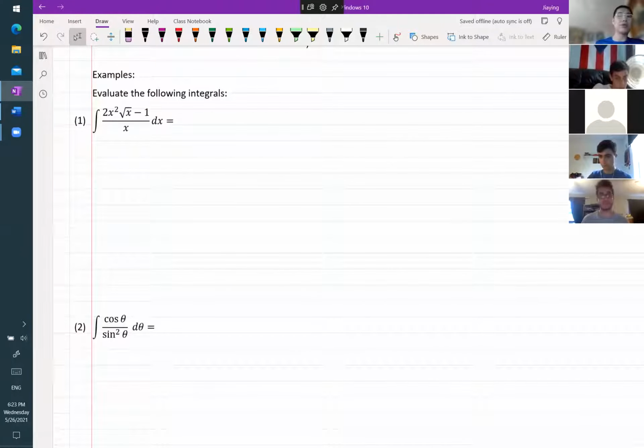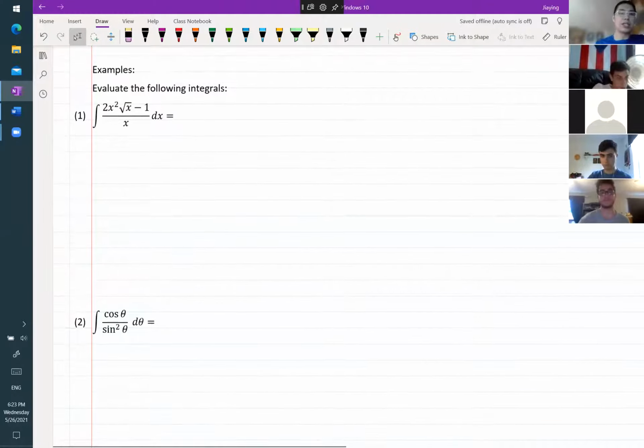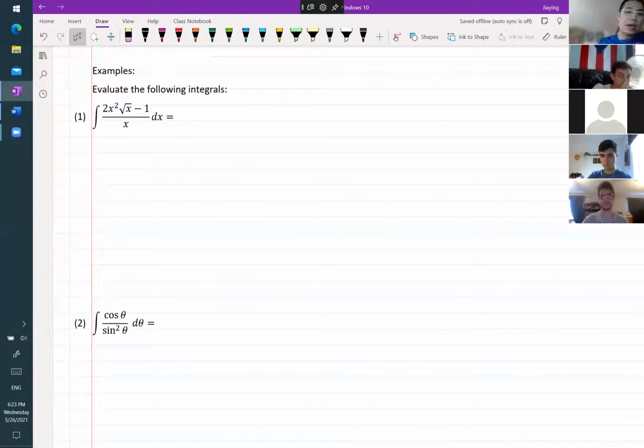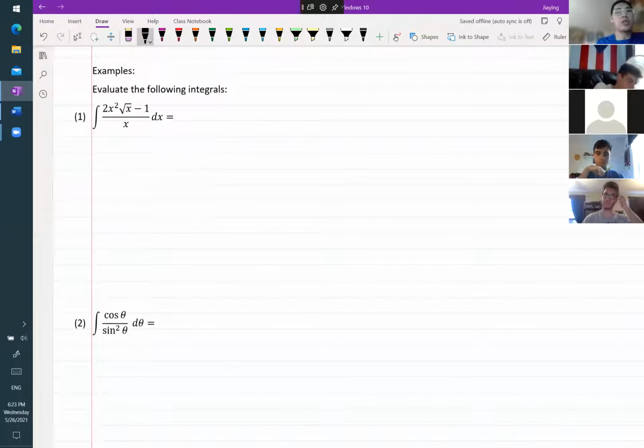as a review. So for example, the first one, we want to integrate this fraction with respect to x. It's a little bit difficult because the numerator has 2 terms and the denominator has 1 term. But when you see a problem like this, you might want to simplify and put it into two fractions.